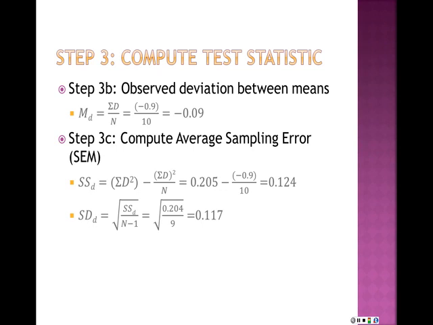Then we take the standard deviation of the deviation scores, sort of redundant, and we do so with this calculation here. Take the sum squared of the deviation scores, which we get here, throw that in there, and when we add our calculations up, we get 0.117.